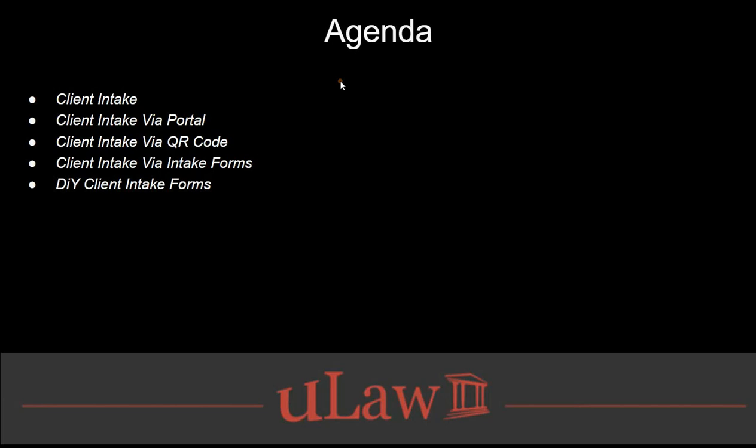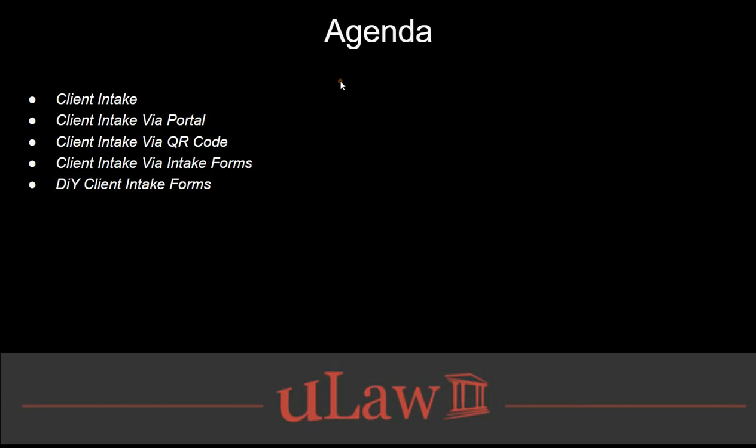We'll look at examples of intake forms in the form of PDFs, the traditional ability to intake while you're on the phone, so using the current uLaw web form on our platform to input that data, and using QR codes if you are starting to correspond or collaborate with your customers using social media or WhatsApp or text, the importance of a QR code for them to be able to quickly scan and get into a portal link.